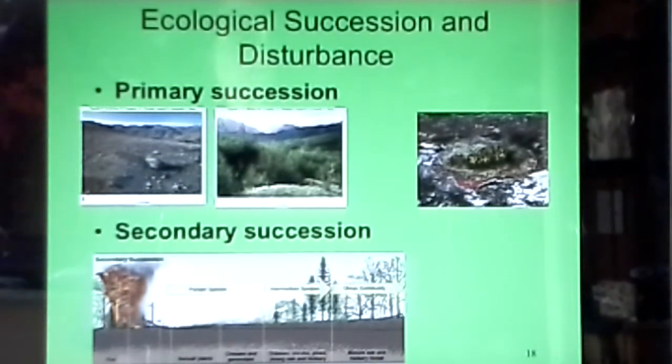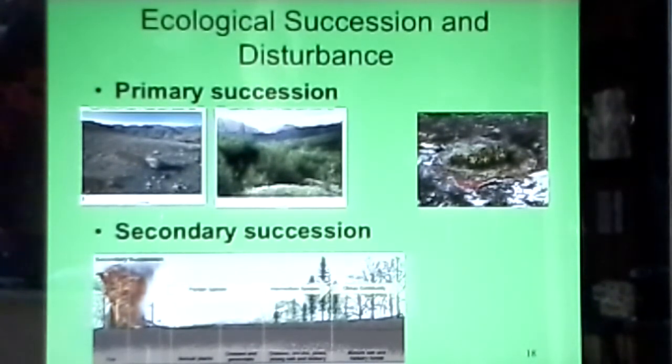Over time, if nothing changes, you get what's called a climax community. In a climax community, the plants and the animals are in perfect balance with the environment. Nothing changes. This is a good thing in that the plants and the animals and the environment are in perfect balance. In a sense, it's a bad thing because usually climax communities have a smaller number of organisms.